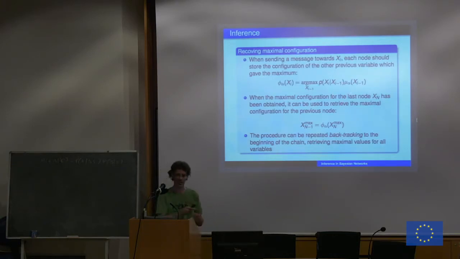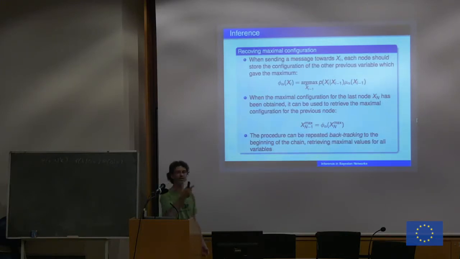Let's look at each local message. The local message from xi minus 1 to xi along the chain is the message from xi minus 1, the previous message, times the local probability, p of xi given xi minus 1, maximized over the previous variable.